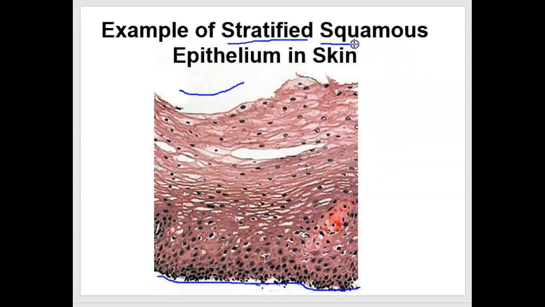But why do we call it squamous? Because down here the cells look almost cuboidal, right? Well, it's because we name epithelial tissue based on the cell shape at the apical surface of the tissue. So this is the apical surface. This is the basal surface.